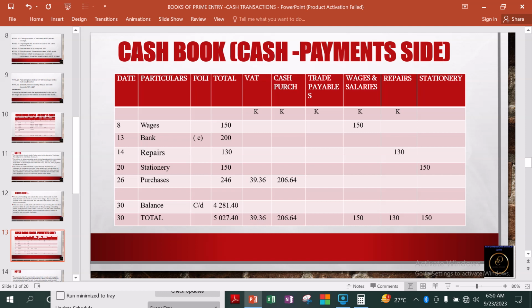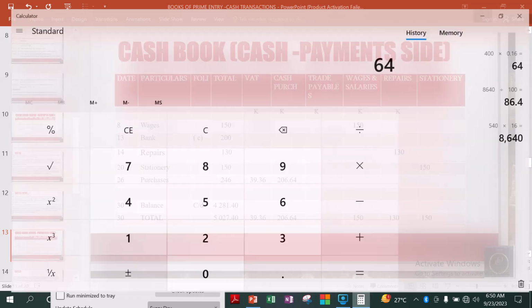So you can see the total is 246. But we need to separate what is the VAT component included in 246. Okay? That's what we're looking at. How did I arrive at the VAT amount and the net amount? I'm going to show you how this is brought about. So let's look at this.